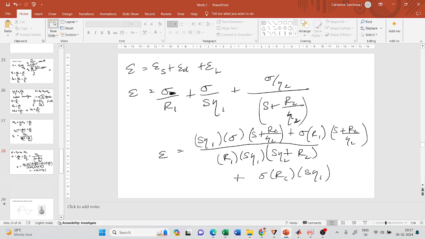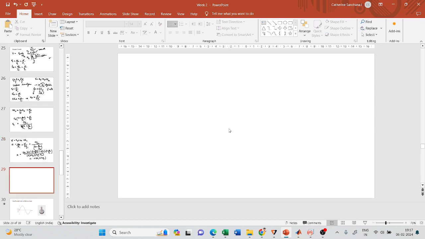So if you rearrange the terms, okay, you will get sigma into R1, R2. So I'm not going to write step by step, I'm just going to write the final step because we are running out of time. Okay, if you want, you can solve it and see later.